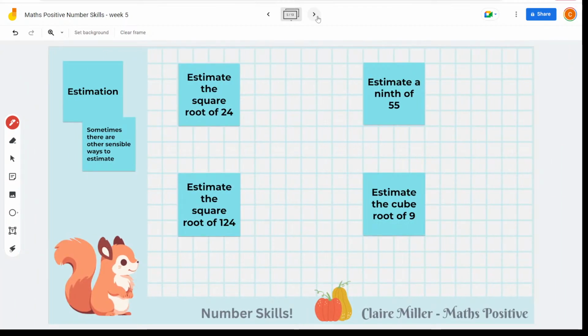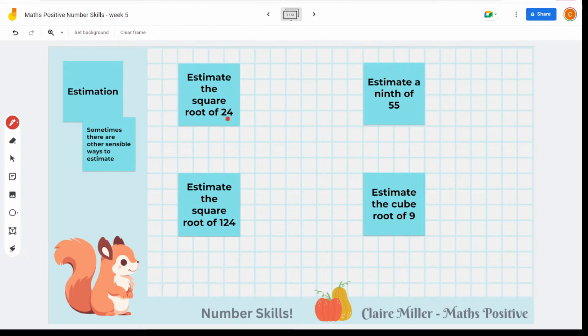I mentioned last time, very briefly, that sometimes there are other sensible ways to estimate. It isn't always necessarily a good idea to round to one significant figure. If I'm asked to estimate the square root of 24, if I round it to 20 to one significant figure and try to work out the square root of 20, that's going to be just as hard as the square root of 24, isn't it?